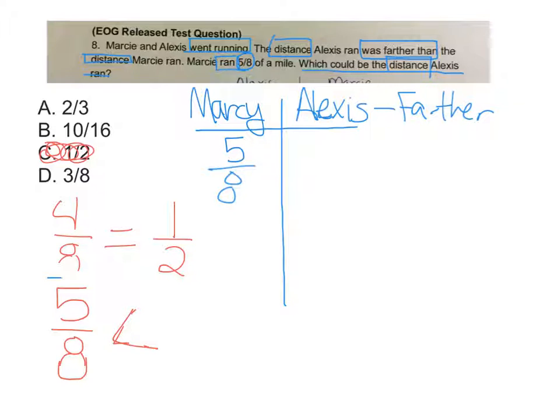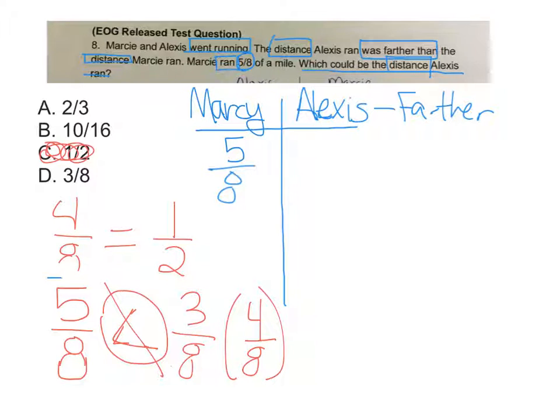The other thing that it cannot possibly be is 3/8. Why is that? Because 4/8 would be 1/2, and 3/8 is smaller than 4/8. So this can't be true either.